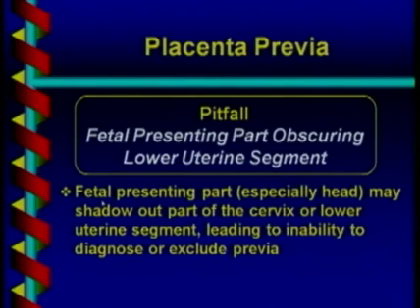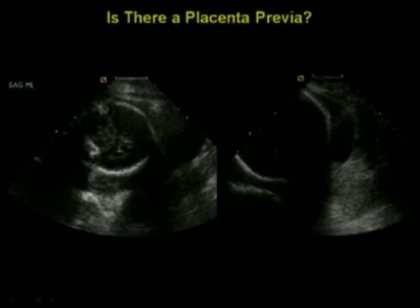And in those cases, if we were to just say the fetal head is blocking our view, can't tell if there's a previa or not, we wouldn't be doing much good. We're trying to give definitive and accurate diagnoses. To say we can't tell is not doing anybody any good.